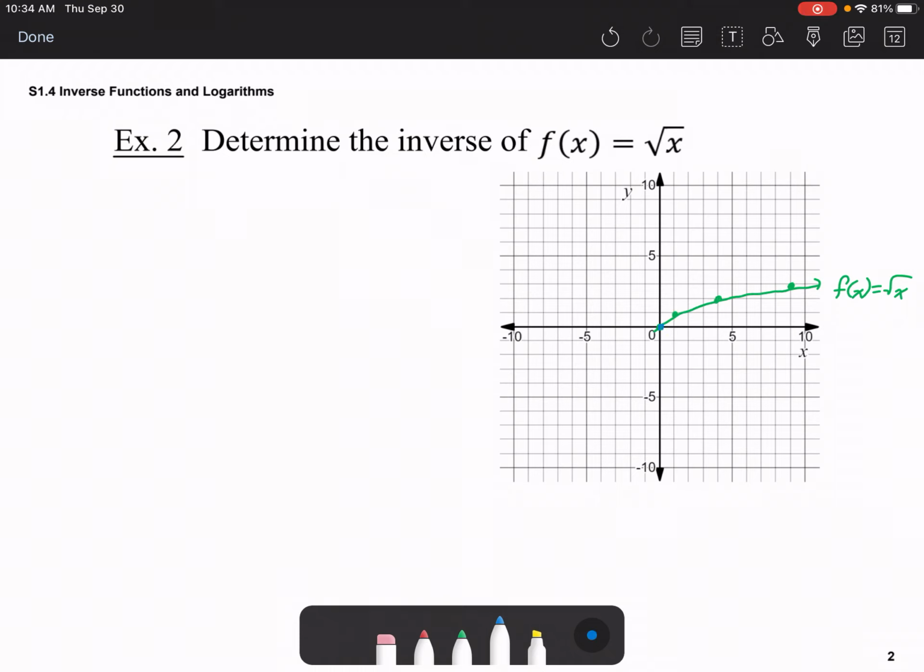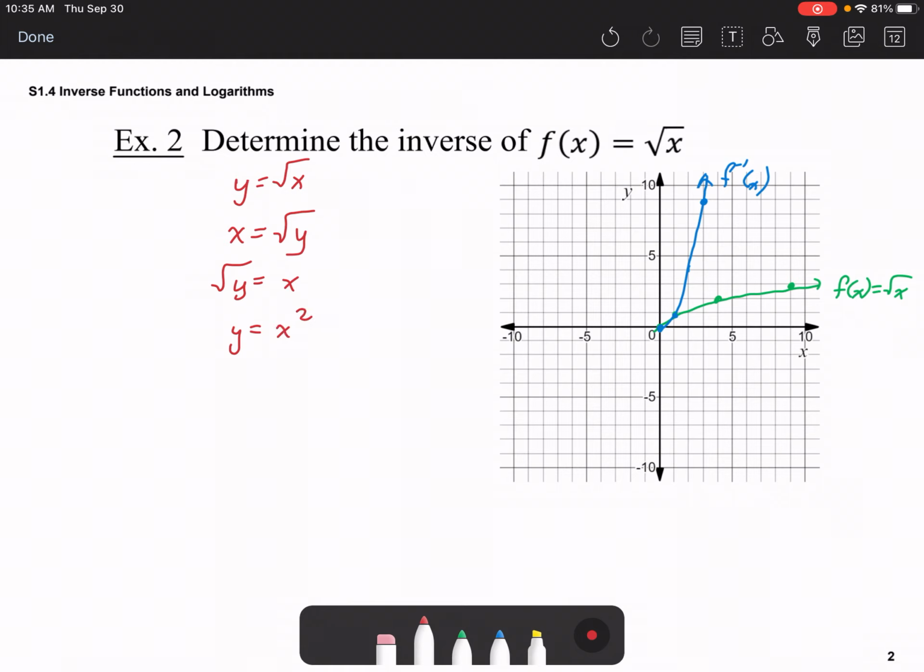So I can draw that right here. This is the inverse of f of x. Well, let's find the equation of such a thing. So again, y equals the square root of x. Swap the x and y values. Solve for y. You get x squared.